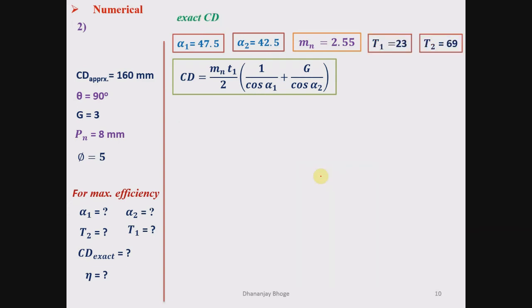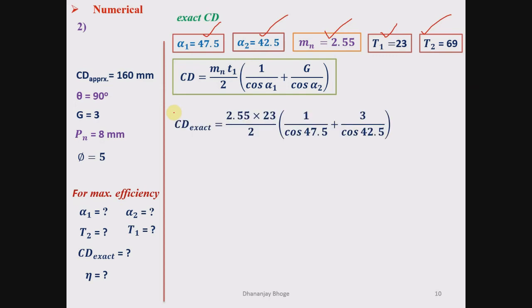Next, find out the exact center distance. Substitute the values of the new number of teeth. Alpha 1 is known, 47.5. Alpha 2 is 42.5. Normal module is 2.55. T1 is 23. T2 is 69. So use these values, put them in this equation and determine the center distance.